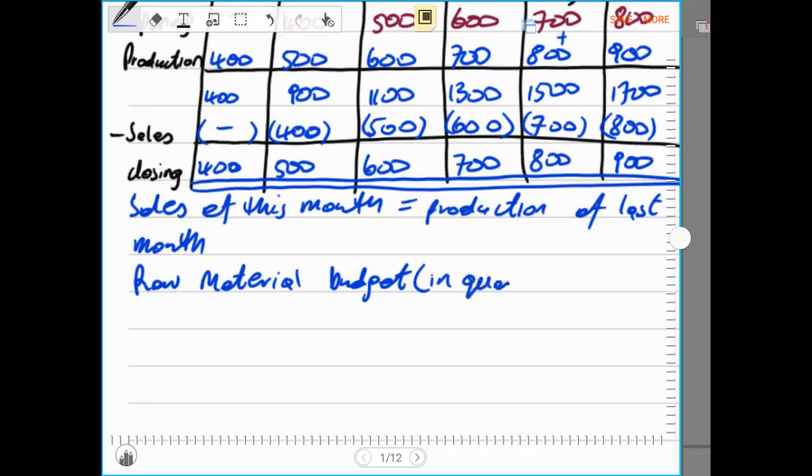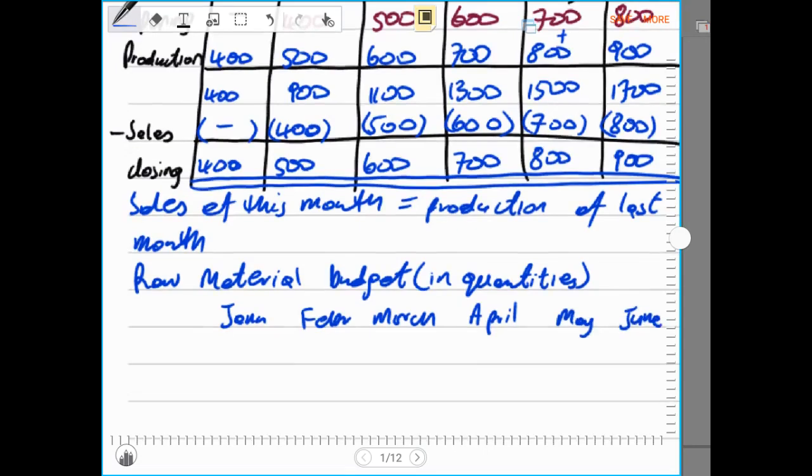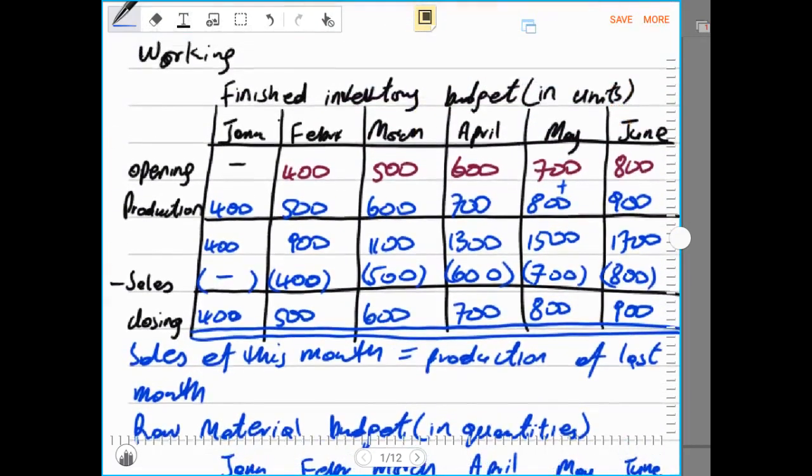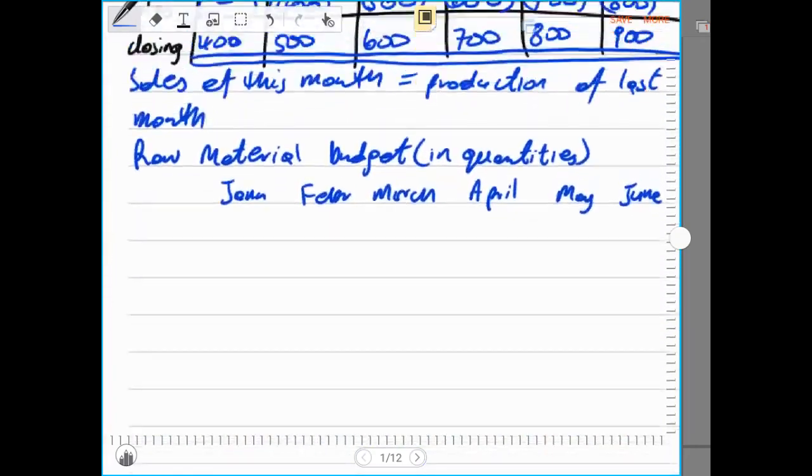So now we do the same thing. This budget will start in the month of January, and we have the month of February, March, April, May, and the last month will be the month of June.